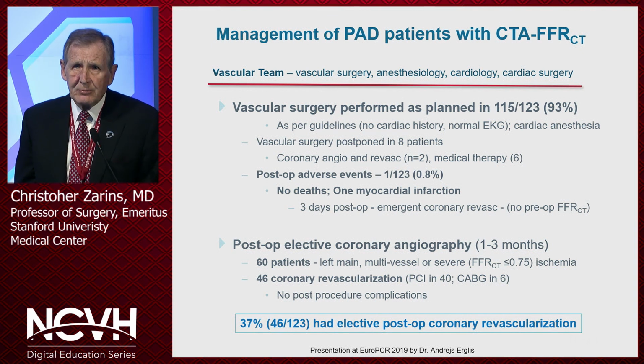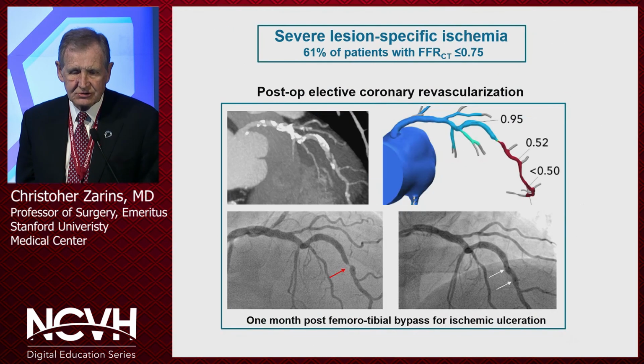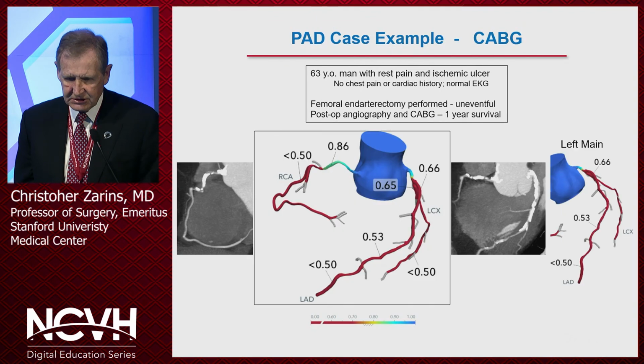Now, post-operatively, electively, they are now going to the cath lab, and they're getting coronary angiography, and 37% of them have elective post-op coronary revascularization. Here's an example. You see a very focal LAD lesion, which is treated with a stent.